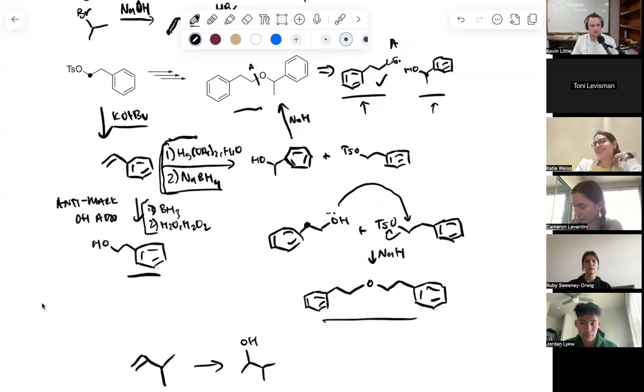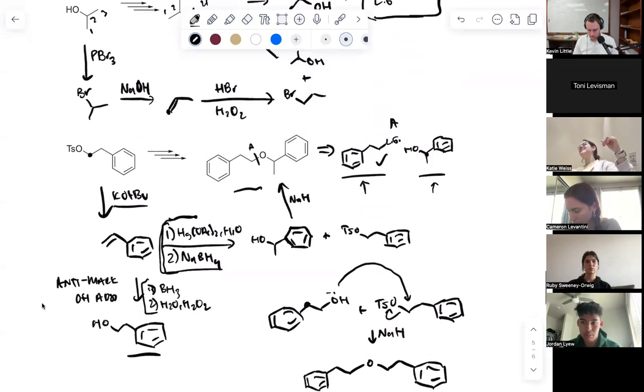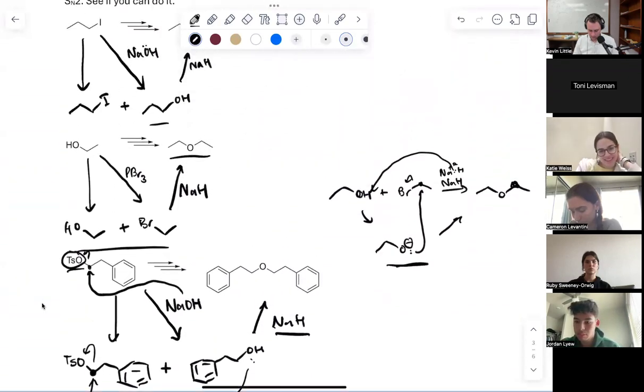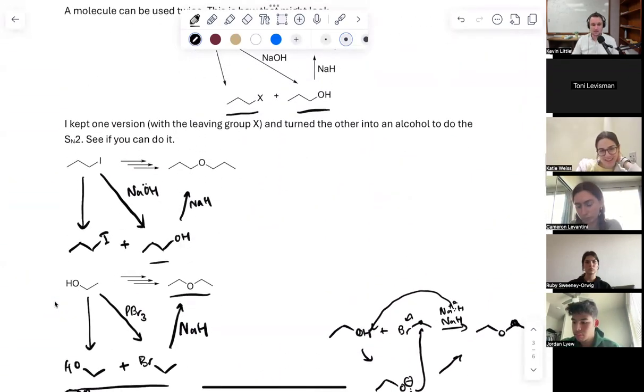Someone asked, how can we see the difference between the first ether problems versus these? So I think you mean these ether problems. If I go back here, I can still do this disconnection, right? I can still think of it as this.